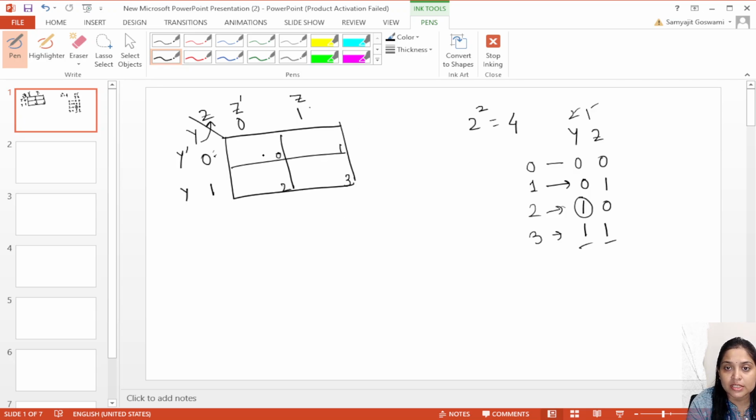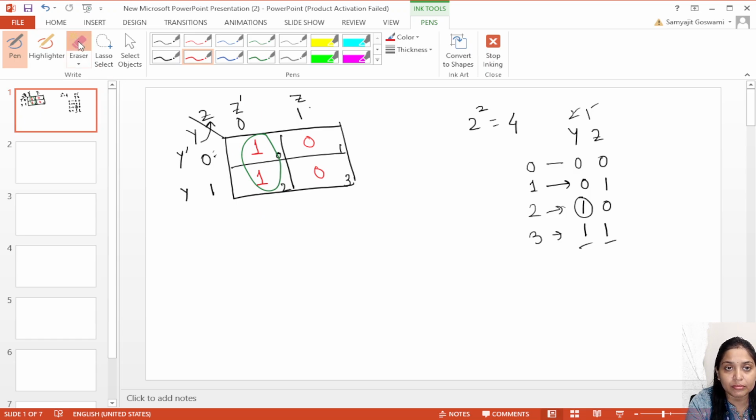Now I take the red color pen, and see how many groupings we can form. If I consider here and here 1, then you can make a pair in this way. Here and here there is a 0. In the case of SOP form you have to group only the cells where 1 is there. So I have already taken a group, this is one group.